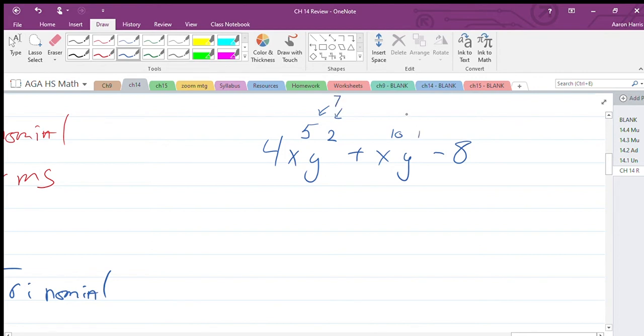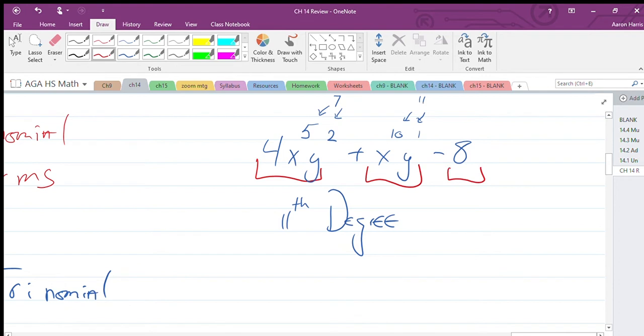Here's 10 and 1, which gets me what? 11. So I get an 11th degree. How many terms? 1, 2, 3. Separated by plus and minus signs, right? That is a trinomial. And that's how you identify polynomials.